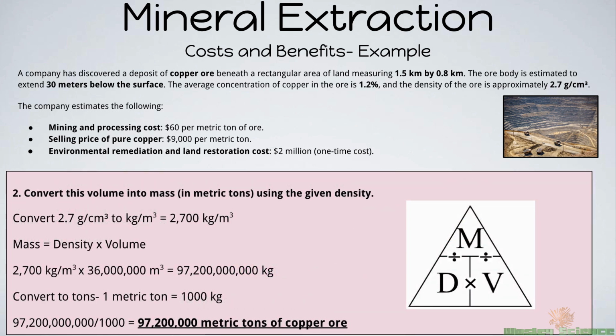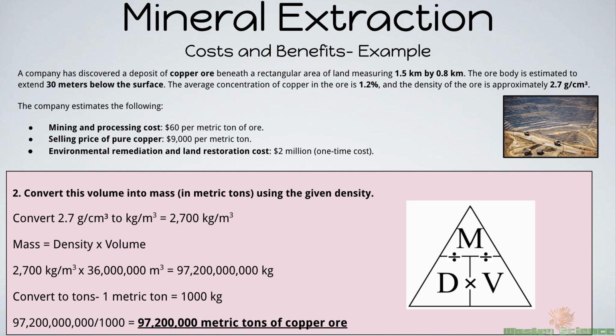Now it's time to figure out how much copper ore there actually is. So we have to convert this volume into mass. We do that by multiplying its density times the volume. When we take the density and change it from 2.7 grams per centimeter cubed, it becomes 2,700 kilograms per meter cubed.